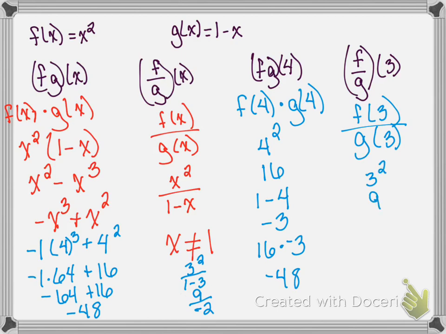G of 3 is 1 minus 3, which is negative 2. So again, I end up with 9 over negative 2. So these are operations of functions. Operations of functions are adding, subtracting, multiplying, and dividing. You do have to worry about your domain sometimes if you've got a variable in the denominator. So that is something that you want to be on the lookout for.